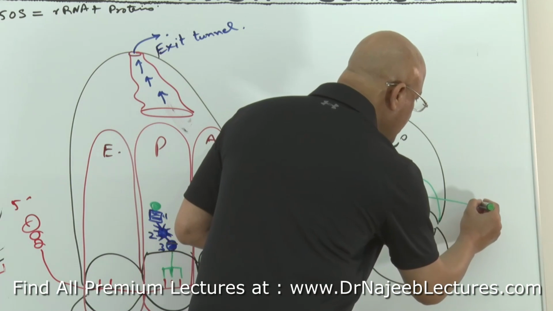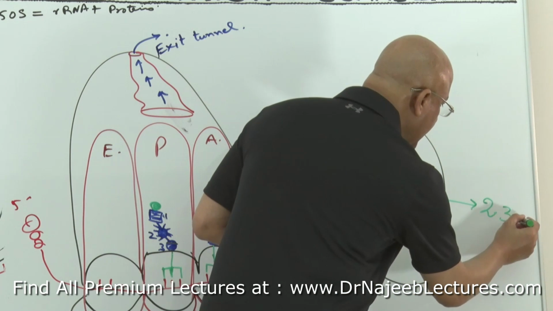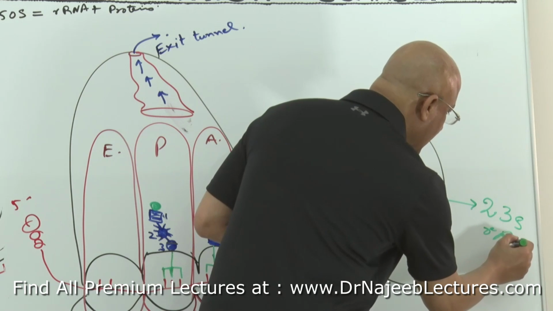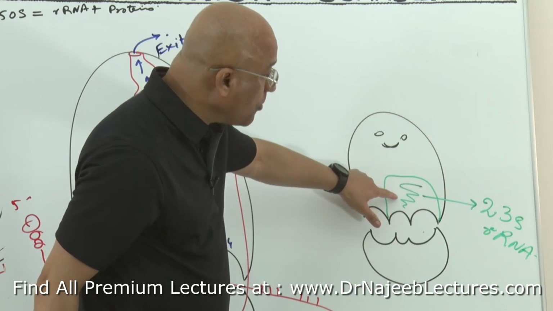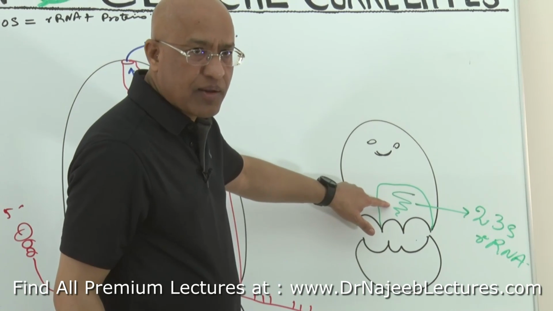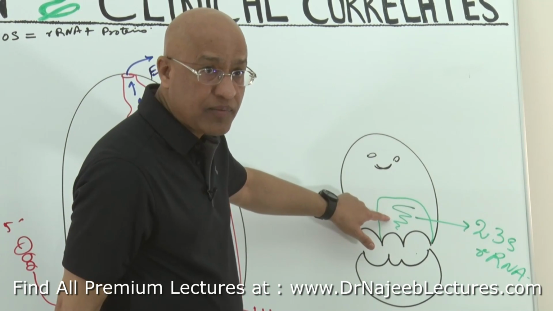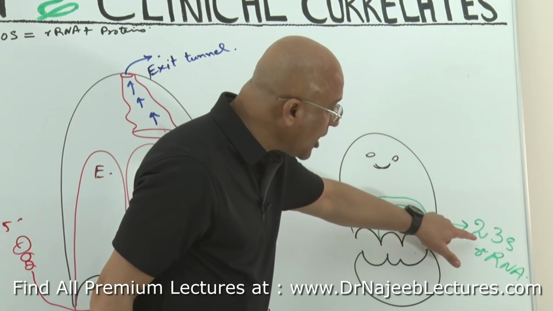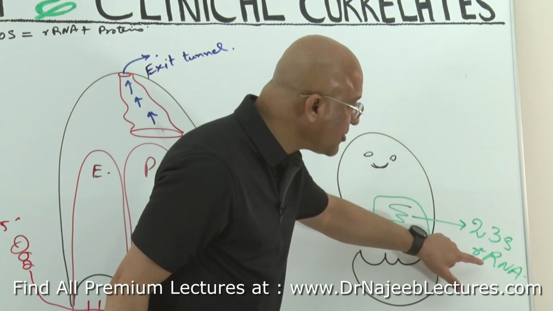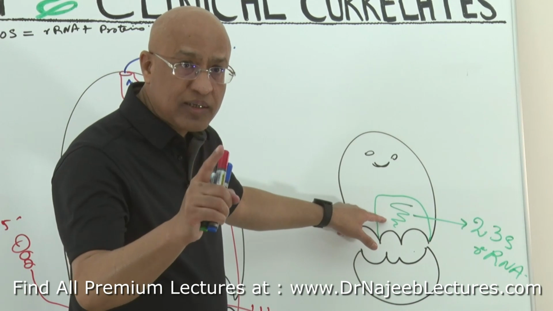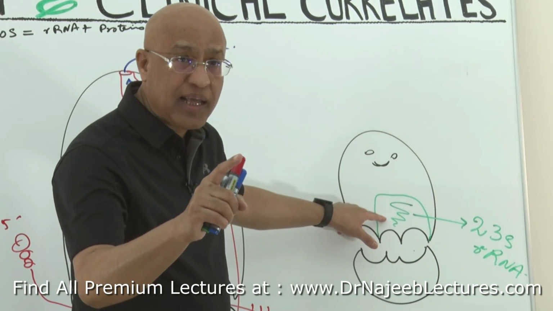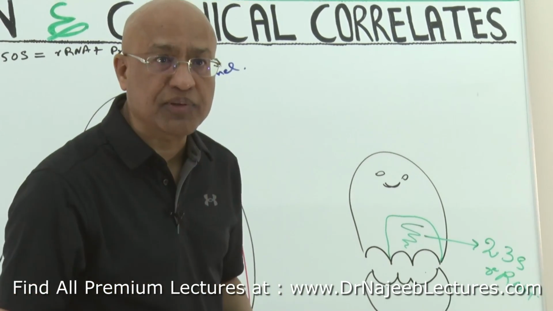This is called 23S ribosomal RNA. There is a special ribosomal RNA present in the 50S subunit, and this is called 23S ribosomal RNA, a component of the 50S.